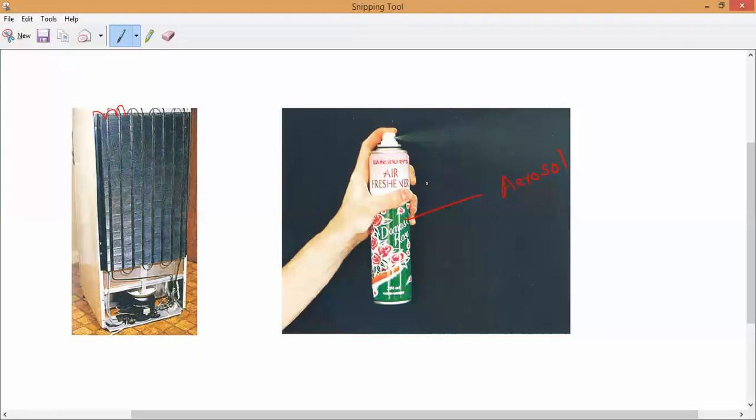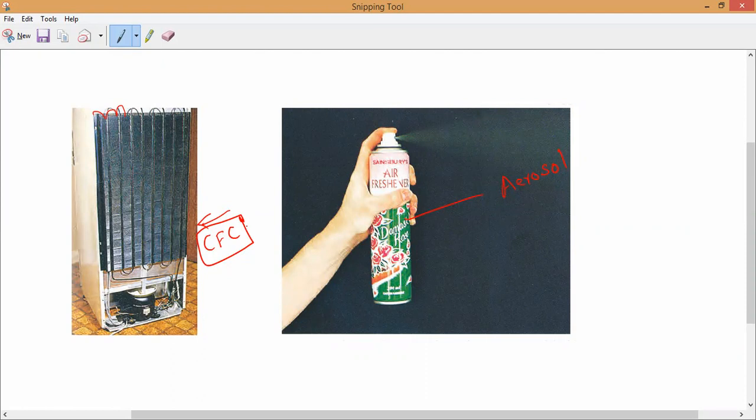So now if you notice, this CFC we are using in these refrigerators. That is why sleeping near the fridge is completely banned. It is not a good habit to sleep near the refrigerator, because the refrigerator gives us cooling and makes our food fresh and lets us drink cold water happily in summer. But we are using what? CFC in this.